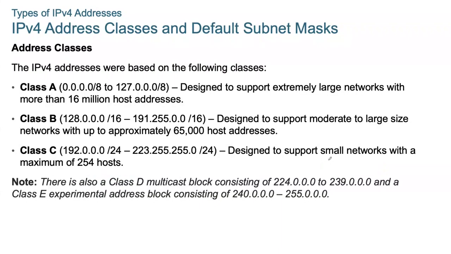That is what we have seen, the first usable address and last usable address in the network. So there is also a class D, which is used for multicast, the block that consists of the IP addresses 224.0.0.0 to 239. So these IP addresses are used for multicasting purpose, right?